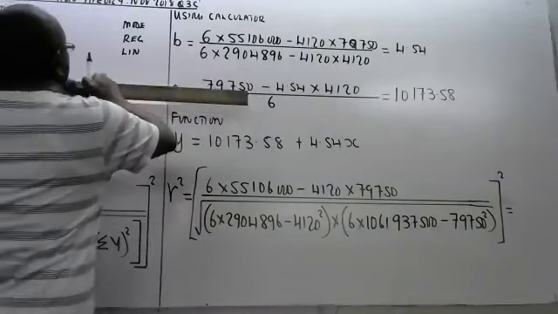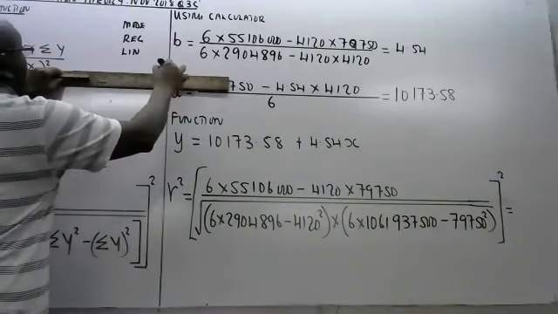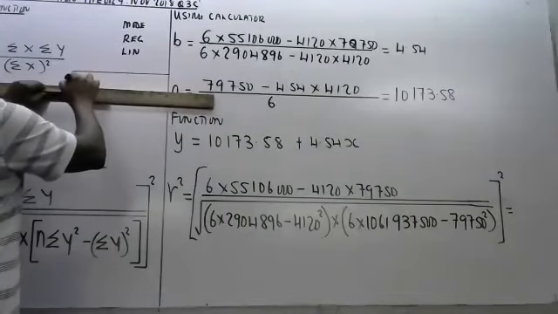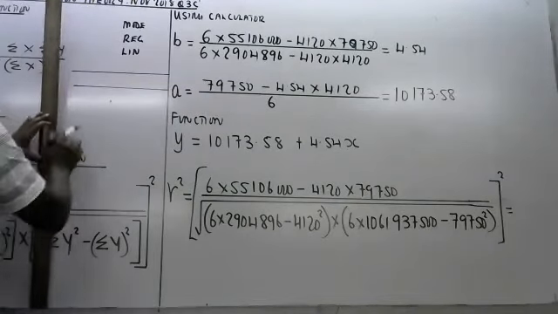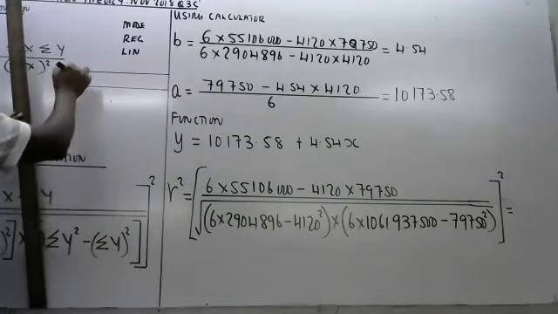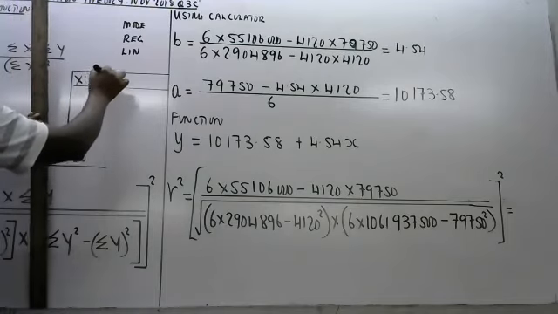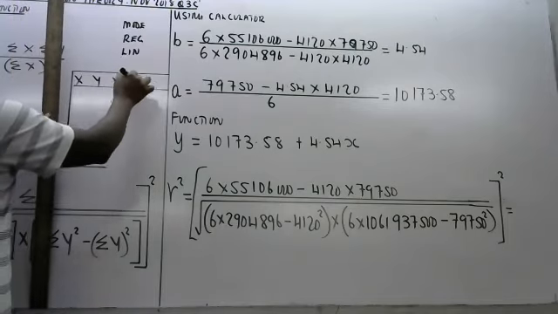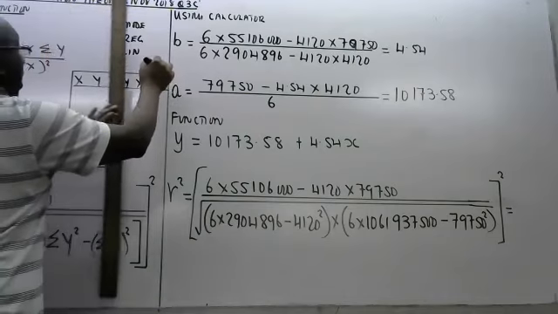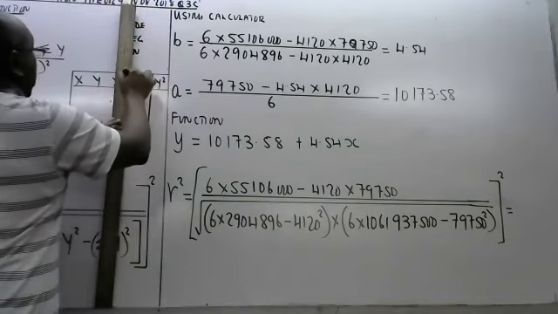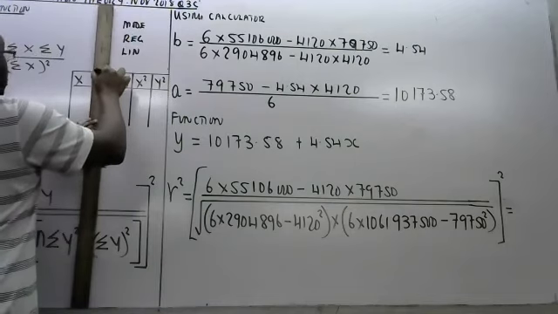So in case you got lost, what you need to do is create a table of x, y, xy, x square, and y square. This is what you do in case you don't know how to use the calculator.